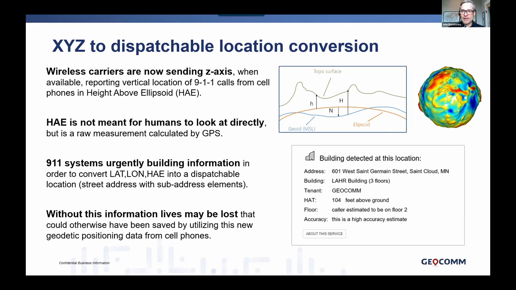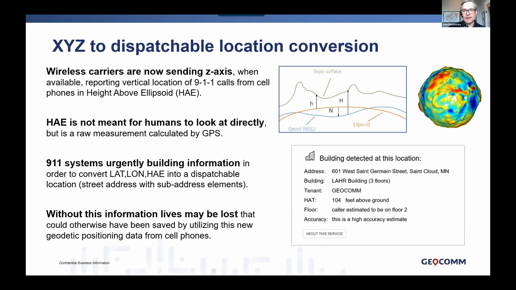The ellipsoid is simply a mathematical model that's very easy to implement in GPS firmware, and easy for GPS to calculate how far above or below this mathematical surface you are. So as a practical matter, height above ellipsoid is not really meant for humans and can even be confusing. Sometimes it could even be a negative number, even if you're above ground on the second floor of a building. So it's best not to just read that number on your 911 display and take it at face value.